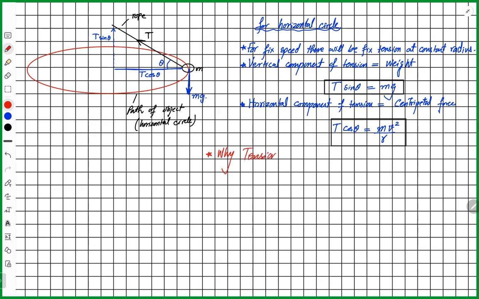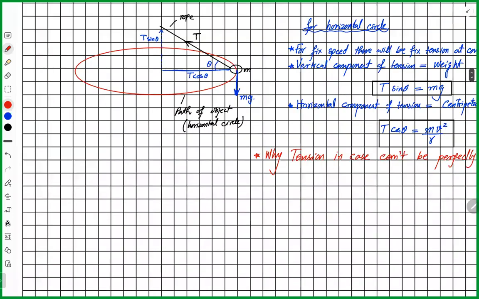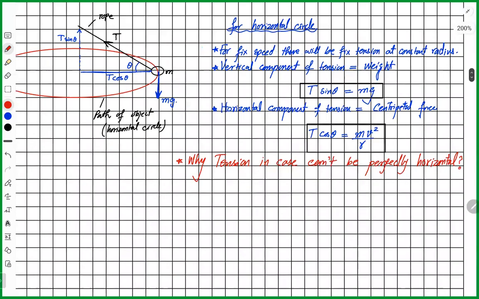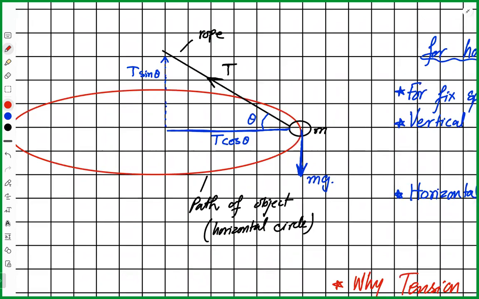tension in this case cannot be perfectly horizontal. Examiners ask this question very often: if this is the case and there is a theta, why can theta not be 0?